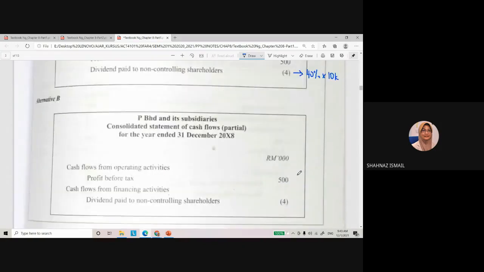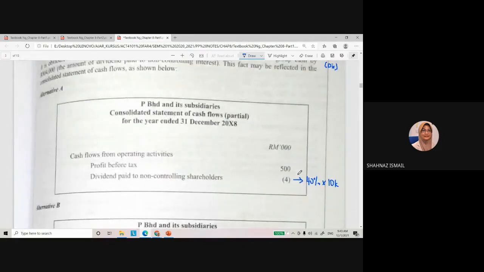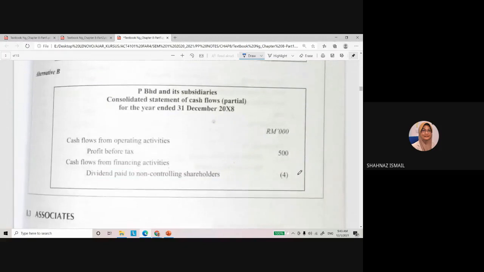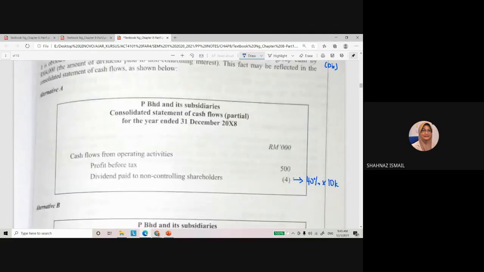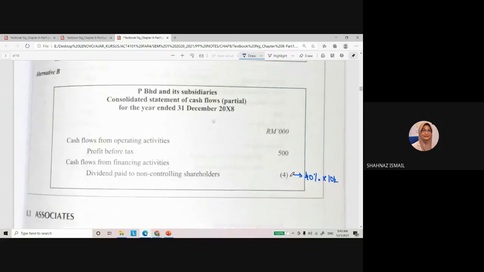Okay. Alright. So untuk dividend ini, you can see here, dia ada dua cara you boleh masukkan the dividend paid to NCI. Sama ada you masuk di bawah operating activities atau you masuk di bawah financing activities.